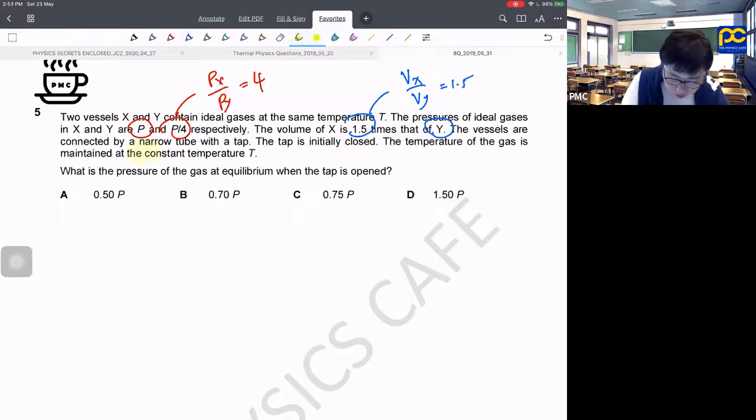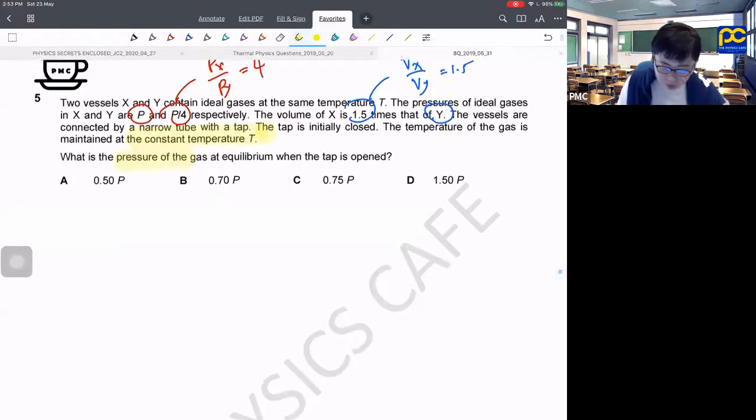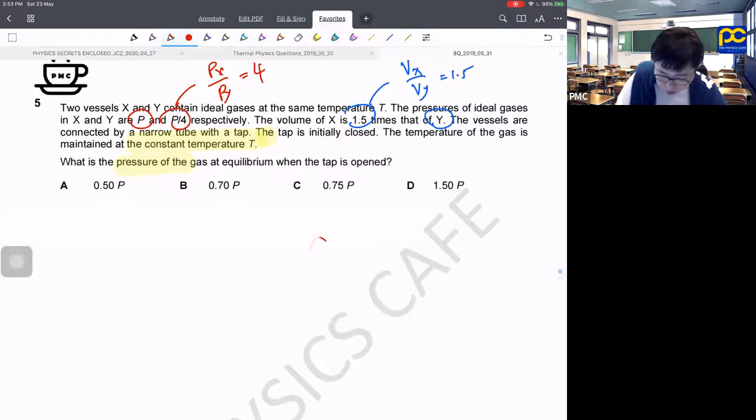Temperature is constant. This one must involve concept 2.